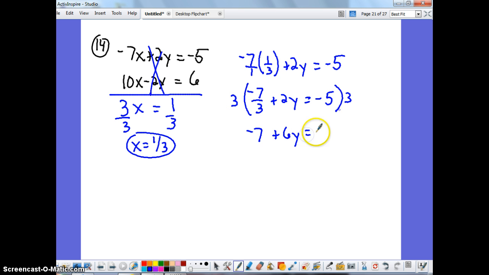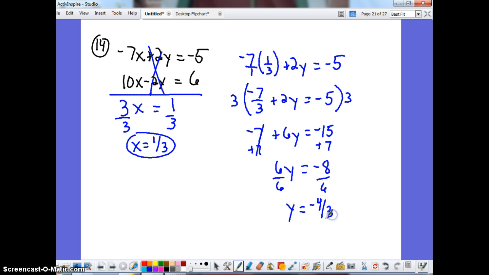And then also the negative 5 times 3 is negative 15. Add that 7, you get 6y is equal to negative 8. Divide by your 6, so you get y is equal to negative 4/3 when you reduce the 8 over the 6. So the answer for this one is 1/3, negative 4/3.